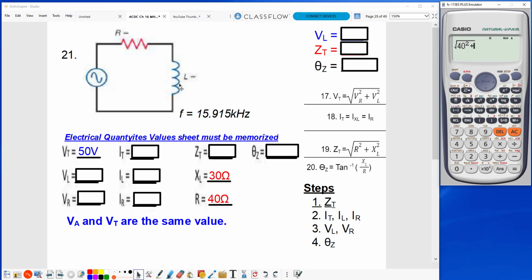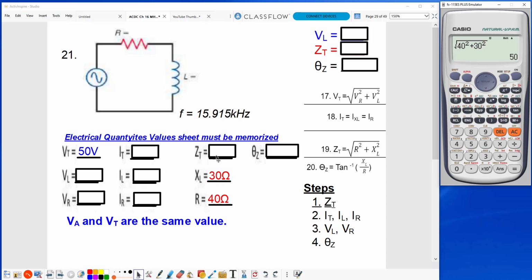When an inductor is in DC, it does not have inductive reactance. But once it is connected to an AC circuit, it will have a new type of opposition to current flow called inductive reactance. All right, so now I put my inductive reactance of 30 ohms in, and I square it.